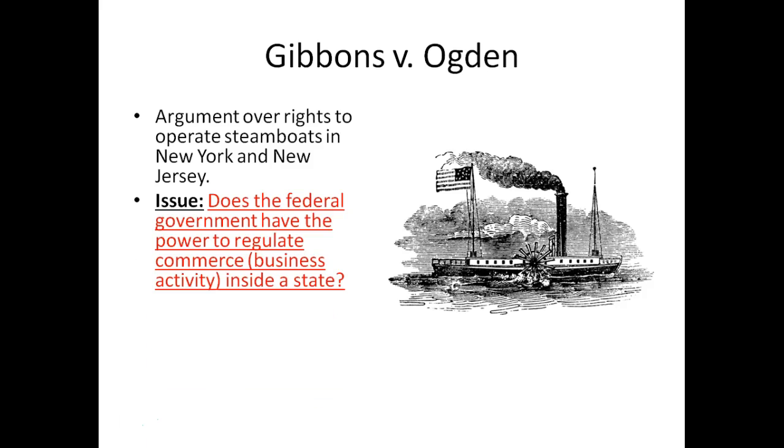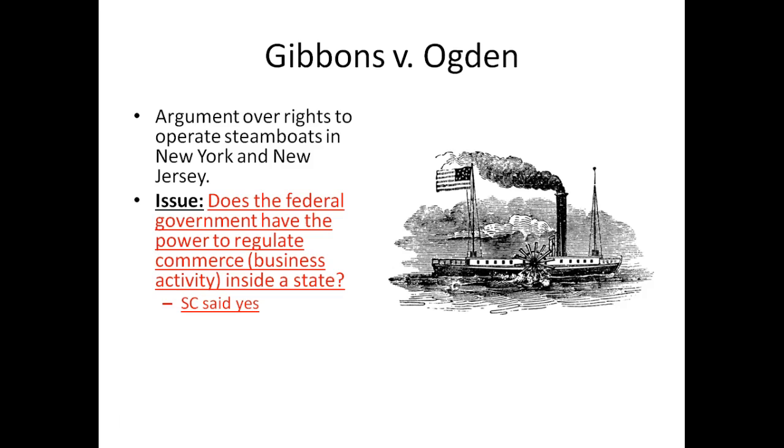The issue for the Supreme Court was, does the federal government have the power to regulate commerce inside of a state? So we know that it had the right to regulate interstate commerce, but does it have the right to regulate the commerce or the business activity within its own state? The Supreme Court said yes.